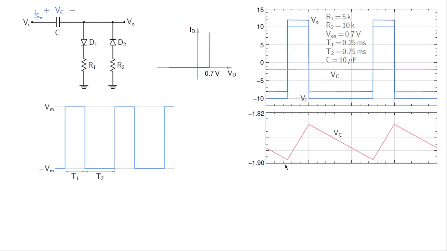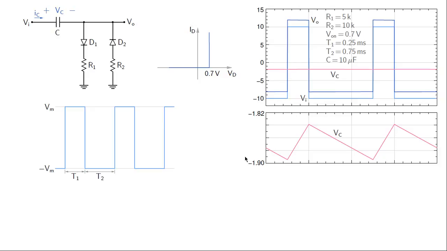It varies between about minus 1.9 volts to minus 1.84 volts, and during this interval, when the input voltage is high, the capacitor voltage rises, and that corresponds to charging of the capacitor through D1. During this interval in which the input voltage is low, the capacitor voltage decreases, and that corresponds to discharging of the capacitor through D2.